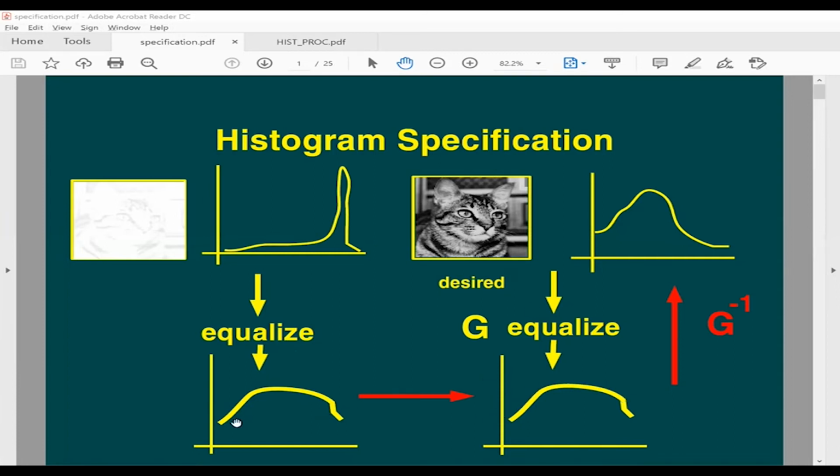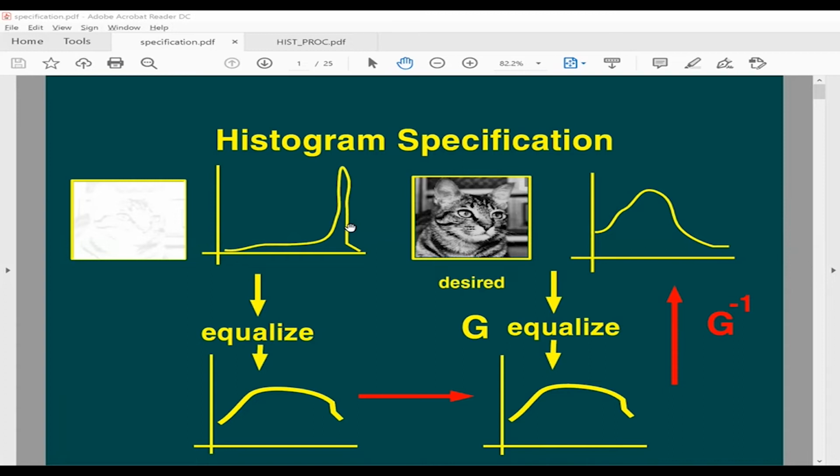Then, for example, here a value of 100 is getting mapped to, let's say, 70. Now you take 70 in the equalized histogram of the second image, and you see the inverse of it, where it is going. Assume that this 70 is going to somewhere around 40 here. So then what will you do? Where you have 100 here, to this 100 you will assign 40. This is the whole process of histogram specification.